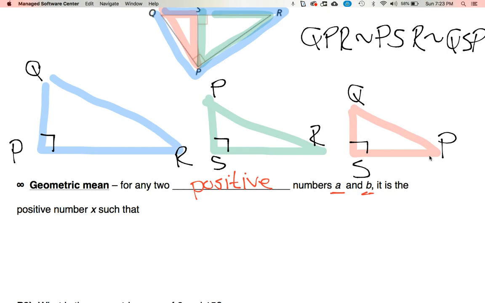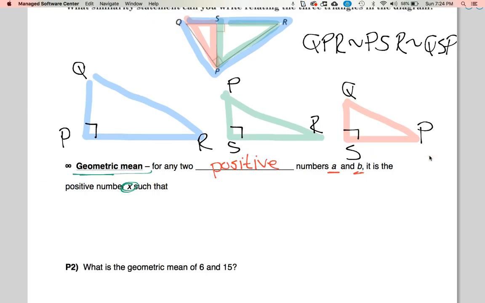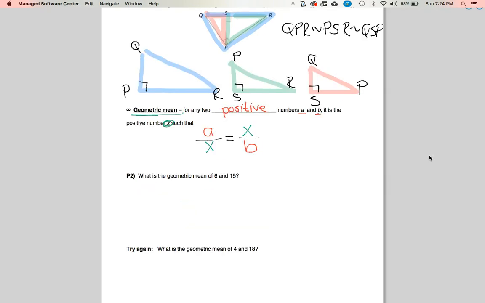So the geometric mean is this number x such that if you take that number A and you divide it by x, it's going to equal the same thing as if you take that number x and divide it by B. And then we have a proportion.